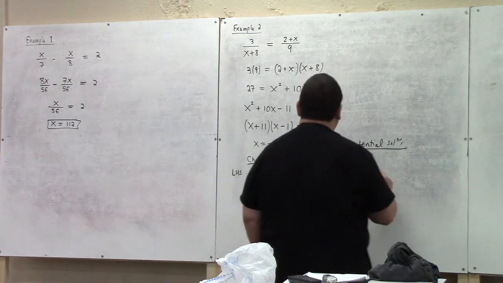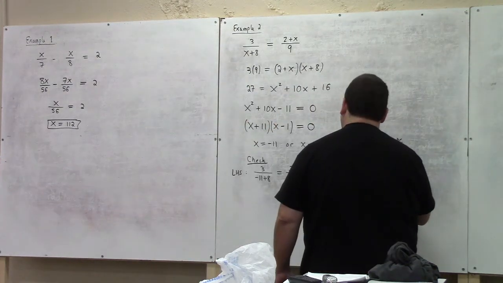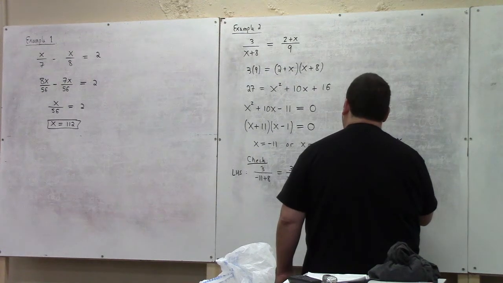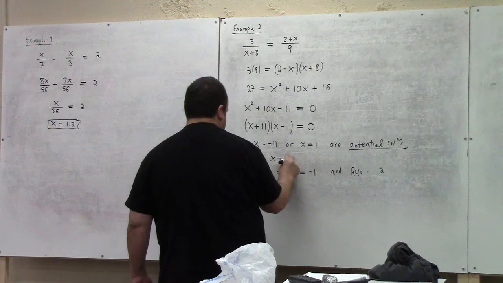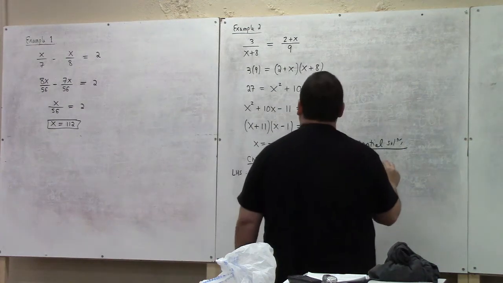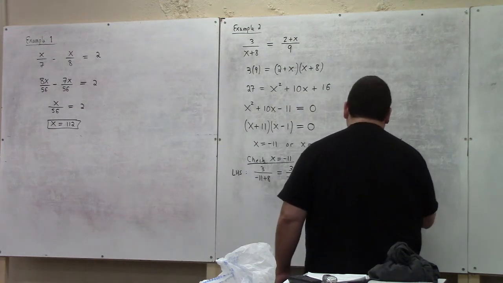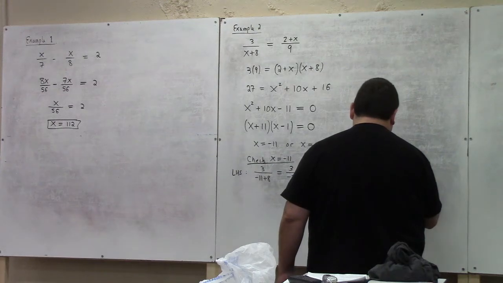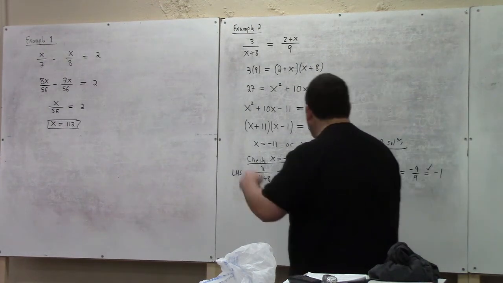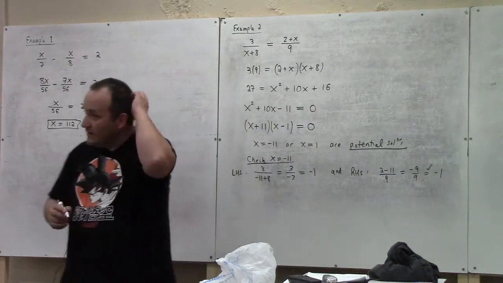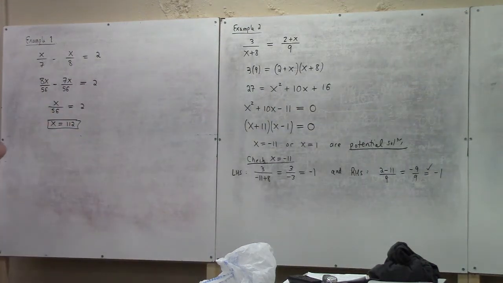On the right-hand side, we've got 2. I'm checking x equals minus 11 to start with. So 2 minus 11 over 9 is minus 9 over 9, which is also equal to minus 1. So, hooray, indeed, minus 11 solves it.